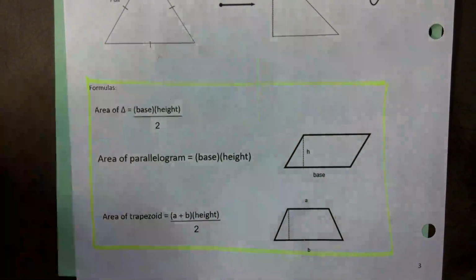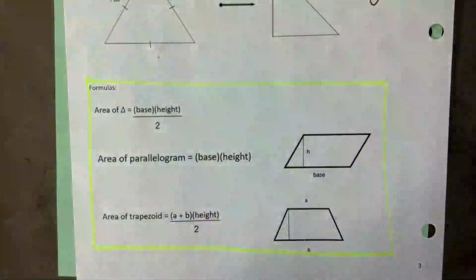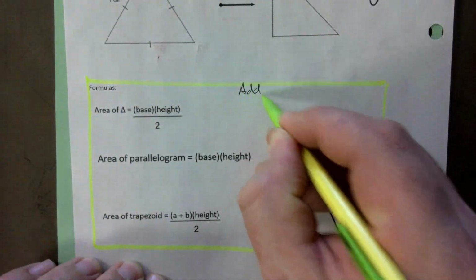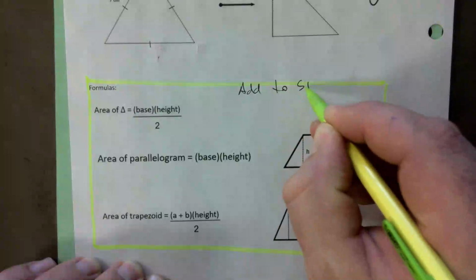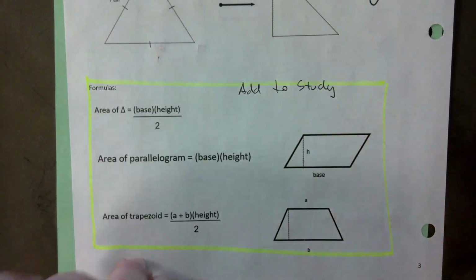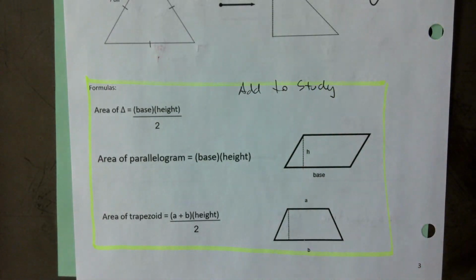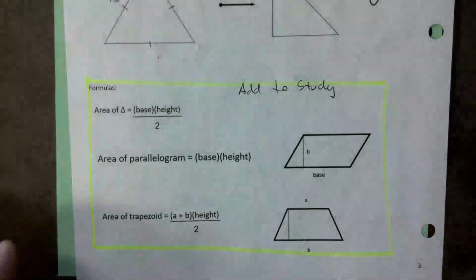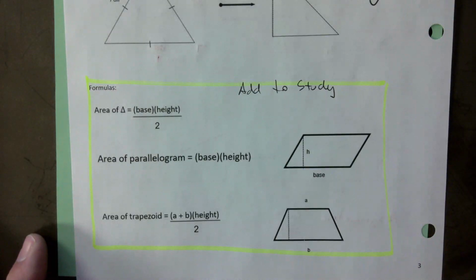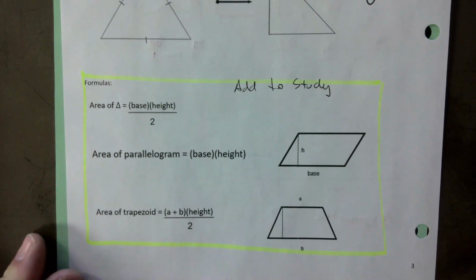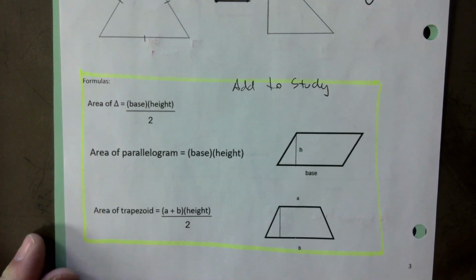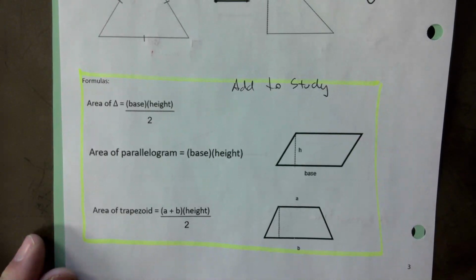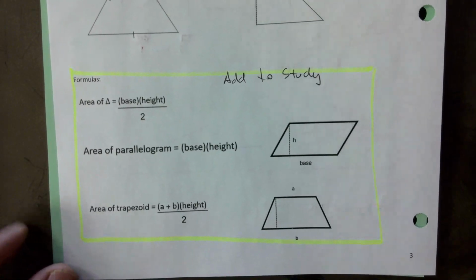Okay, so add to study sheet. And at this point, you may fill up your study sheet, fully loaded. As you get through this unit, just use up your space as much as you have to. You're good to go now. Okay, let's keep going. So page 3, that's all I'm going to draw your attention to, those formulas.